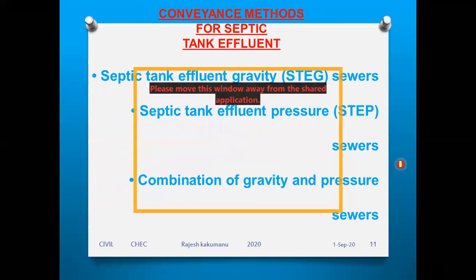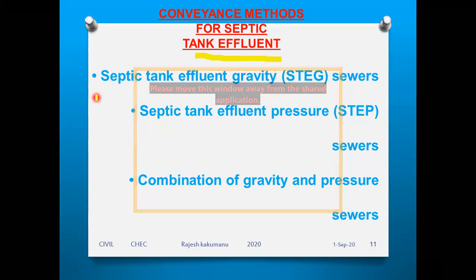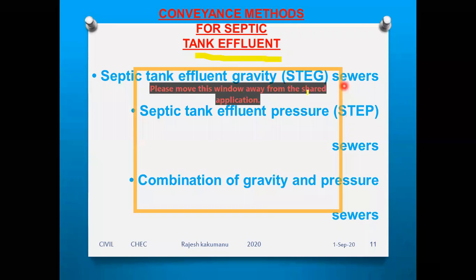Now, what are the conveyance methods? Collection is one thing, conveying is another. Convey means how we are moving, how we are dumping that sewage wastewater into other places. So the conveyance methods for septic tank effluent. Now see the first one, what are the various methods? Septic tank effluent gravity sewers, STEG.